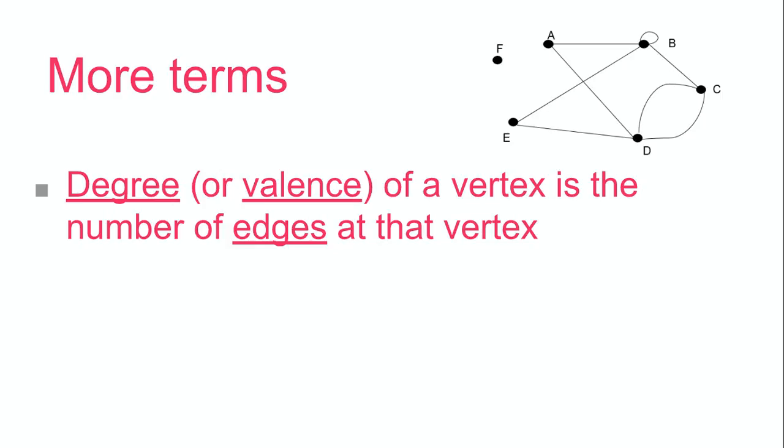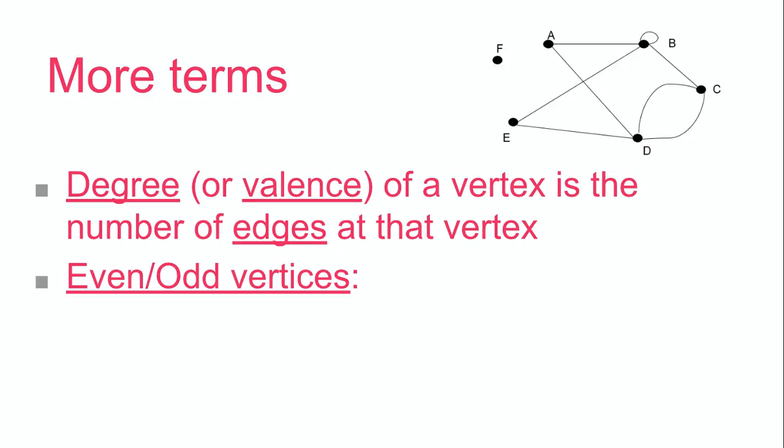The number of edges that lead into the vertex. For example, the degree of vertex A is 2 because there are 2 edges at vertex A. The degree of vertex F would be 0 because there are no edges at vertex F.